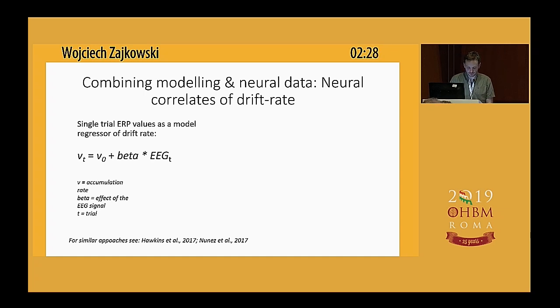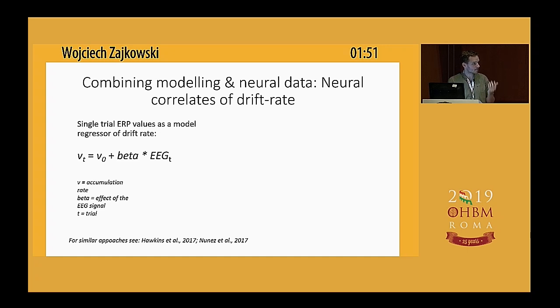quite recently introduced in the literature. Basically, we fit a regression equation into the model, and we assume that V, which is the accumulation rate, the accumulation speed per trial, is equal to the intercept, which signifies basically the mean accumulation speed per that condition, plus the EEG signal of interest, in this case for example the slope value, multiplied by the beta coefficient, which is the coefficient of the regression.